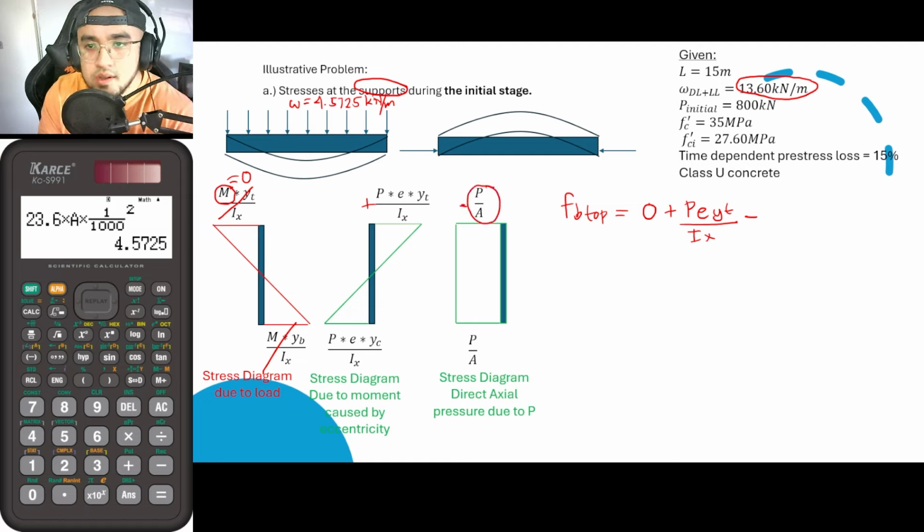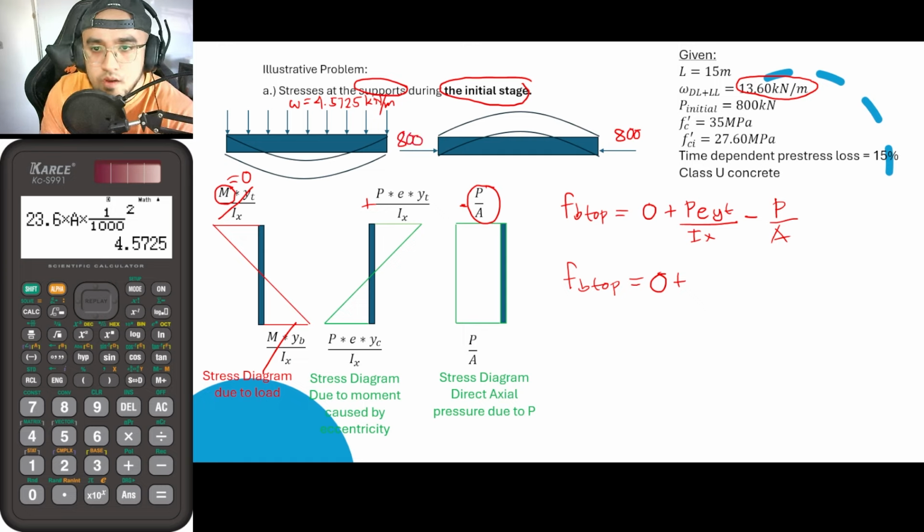So for FB top, this is equal to 0 plus P. What is P? At the initial stage, the pre-stressing force is 800 according to the given. But take note that this is in kilonewtons.